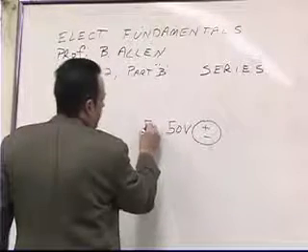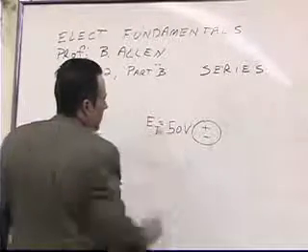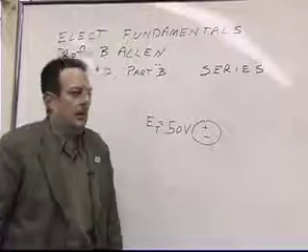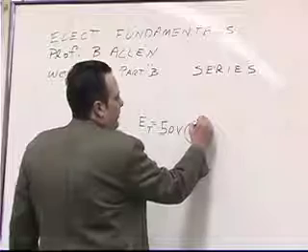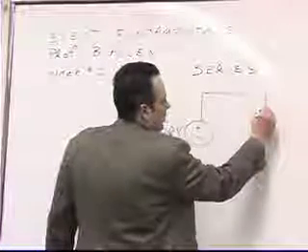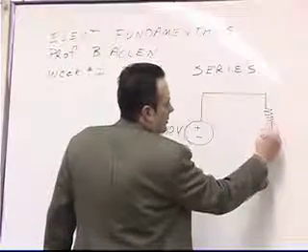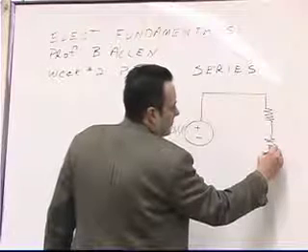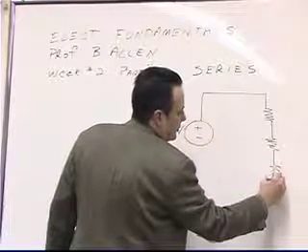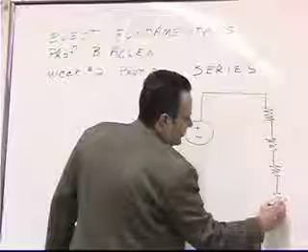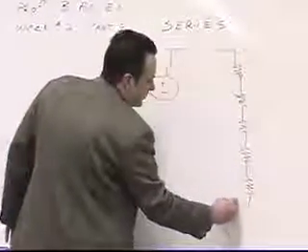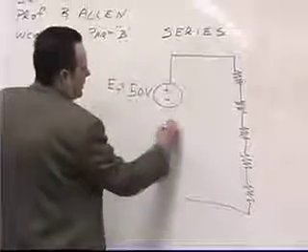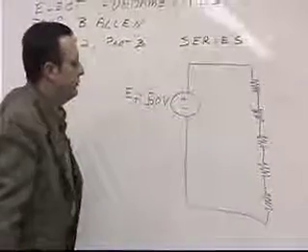So that's our source voltage, equal to 50 volts. And connected up to the DC source, we have 1 resistor, 2 resistors, 3 resistors, 4 resistors, 5 resistors, and then it loops back as a return path to the DC source.